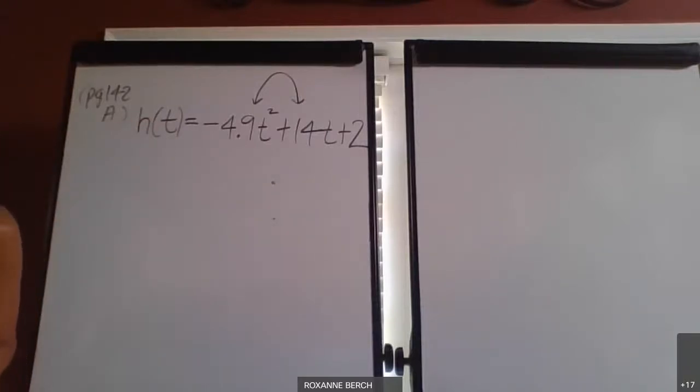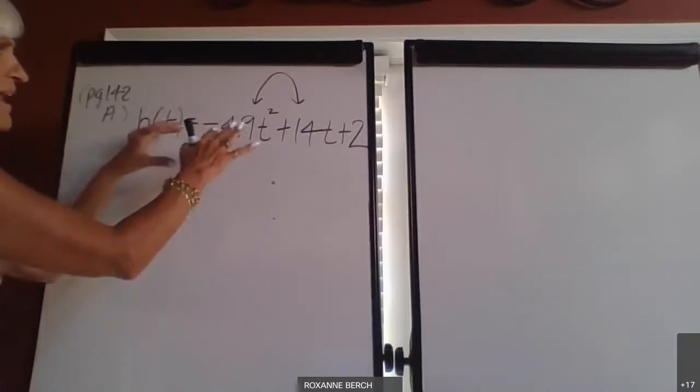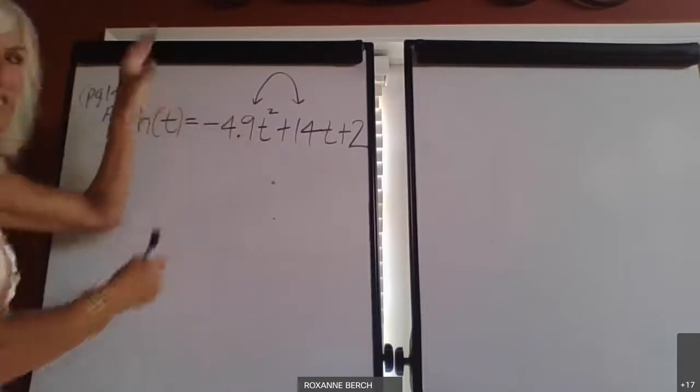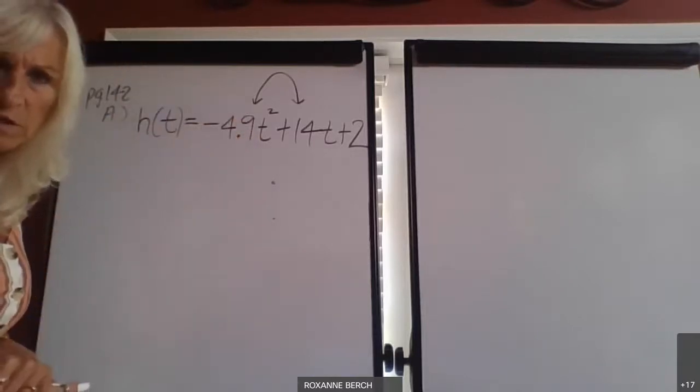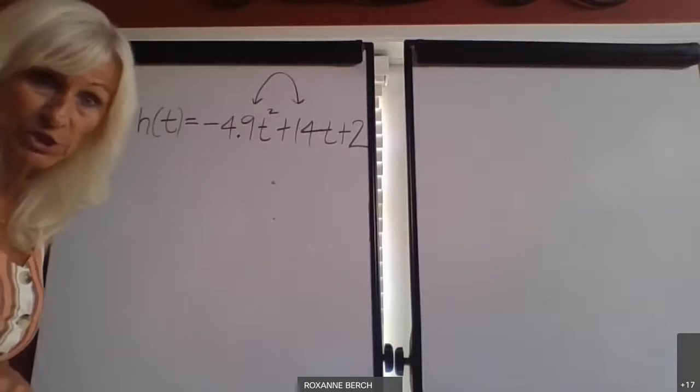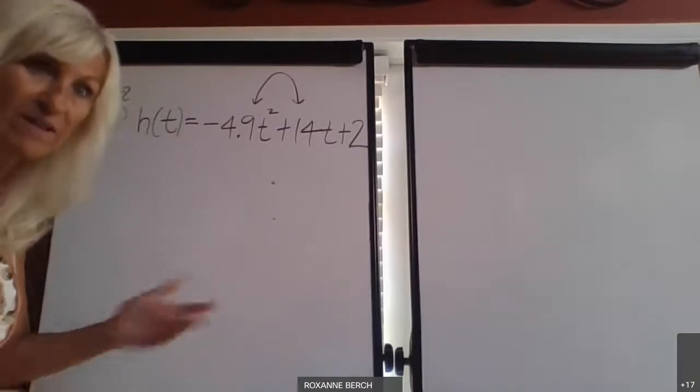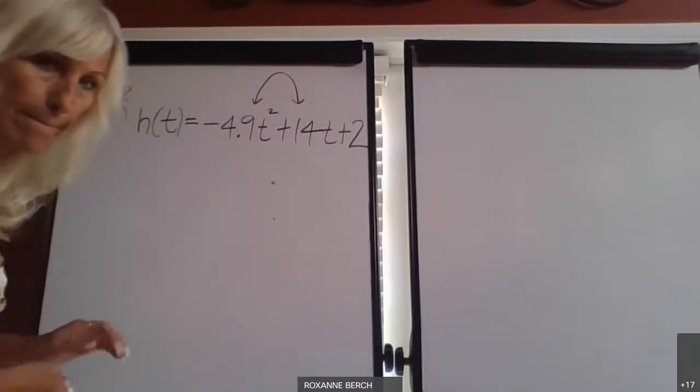So here's what they ask. Does the ball reach a height of 12 meters? Well, if this quadratic models this problem, doesn't it mean if we get a solution that it's possible for the ball to reach 12 meters?